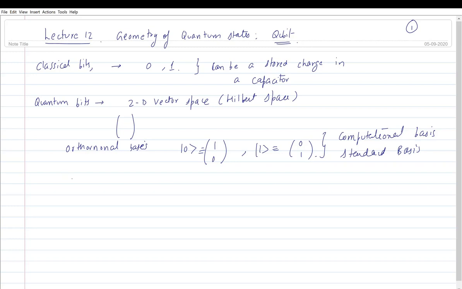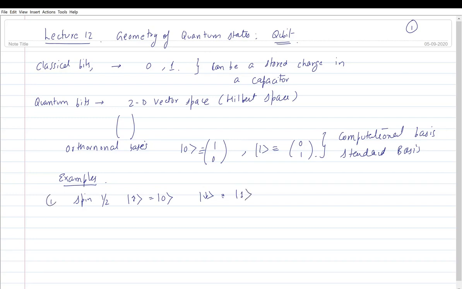So what are the examples of this? Spin half, where the upspin is the 0 and the downspin is 1.